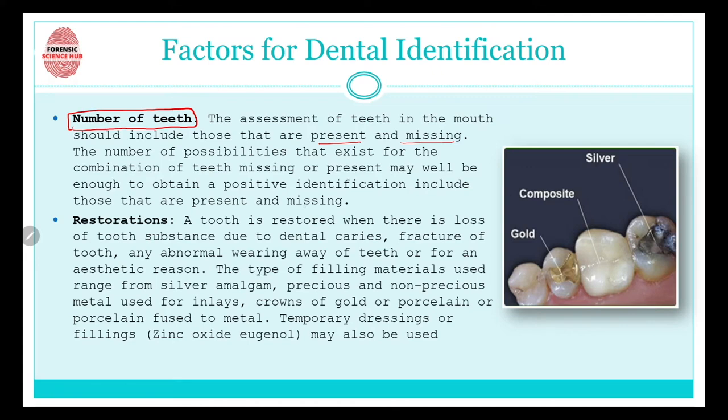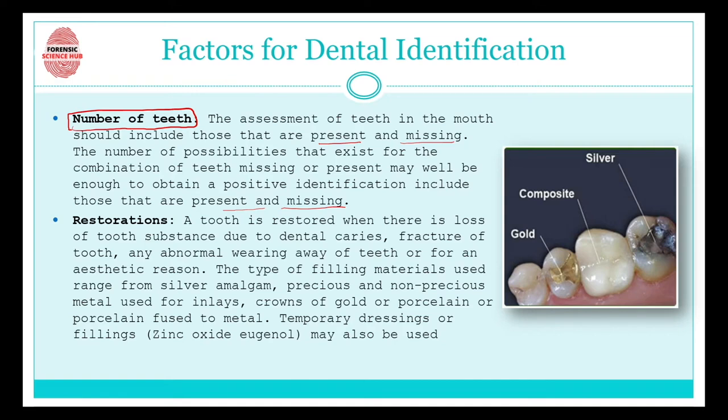So if we know how many teeth a person had before he or she died, we can count the number of teeth in the deceased body that we have, and we can get an idea. Although this method does not give us any conclusive result, yes, we can use it.